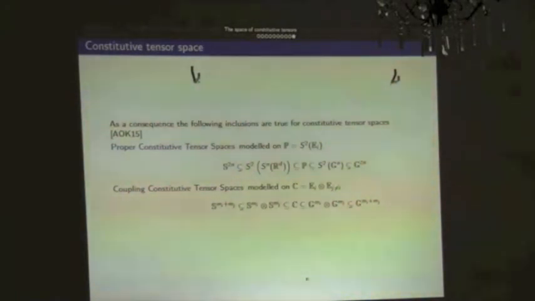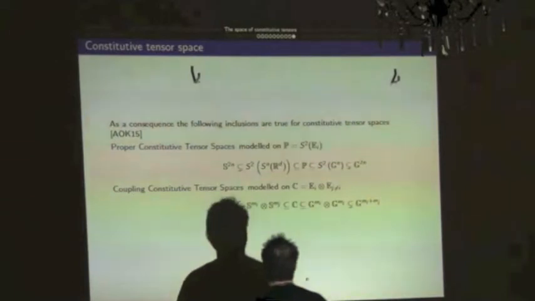So by construction, I can restrict the possibilities on my constitutive tensor by using the Tonti diagram and the mechanism of construction.